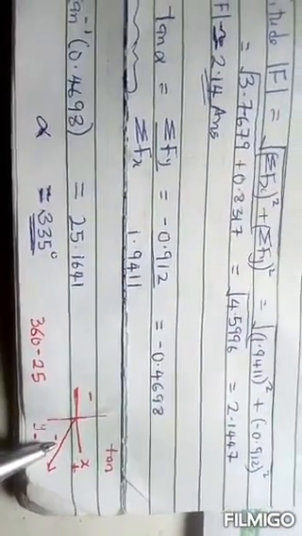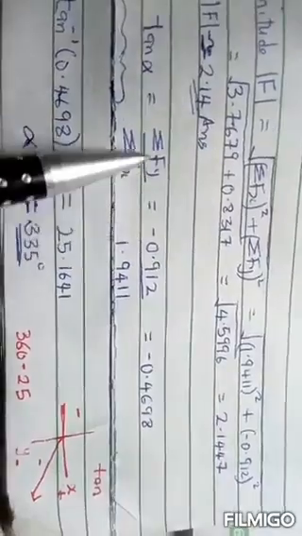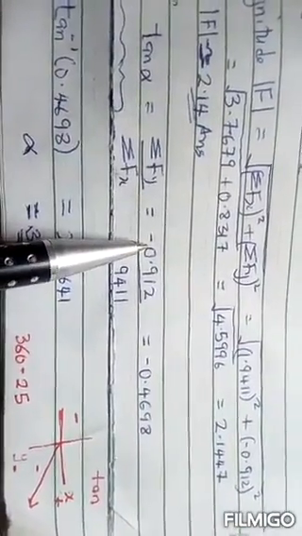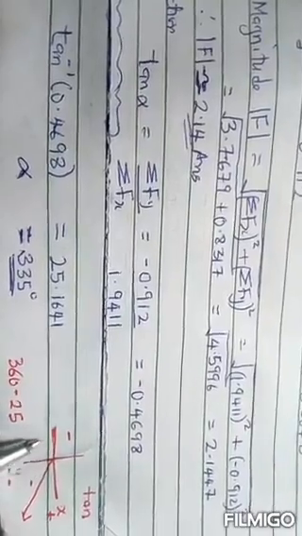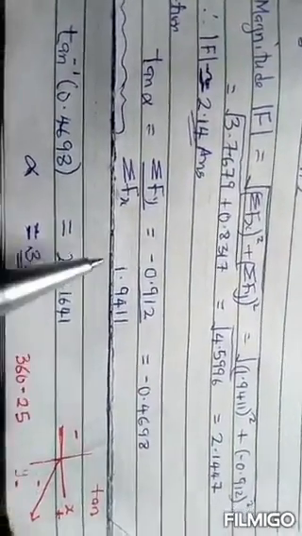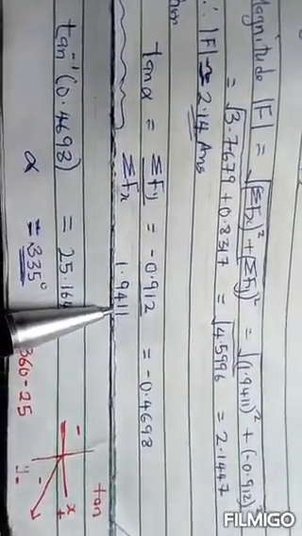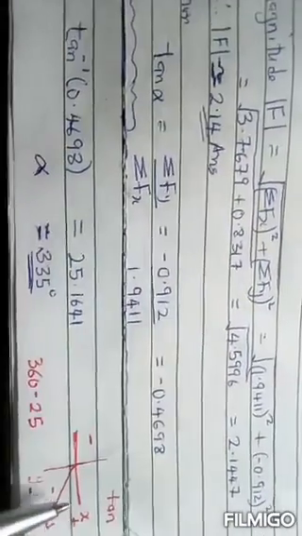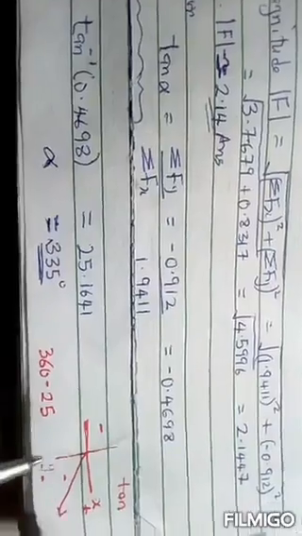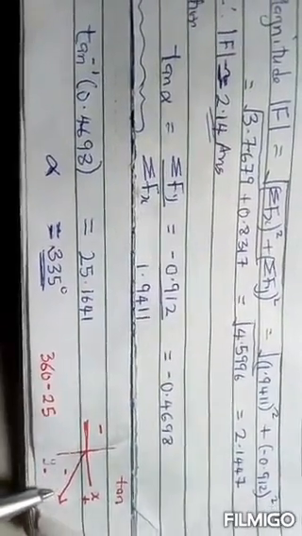So how do you decide? You have to look carefully. The vertical force is negative, that is negative y-axis, so that's going to be this way or this way. But the horizontal force is positive, that is this way, so it's going to be the fourth quadrant. Positive x-axis, negative y-axis is going to be this quadrant.